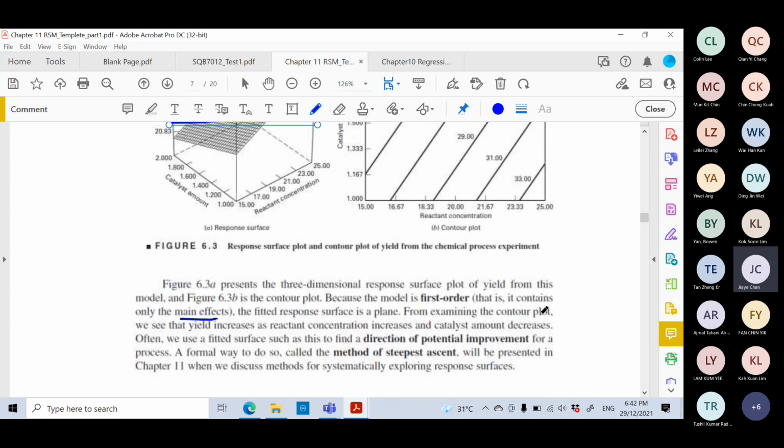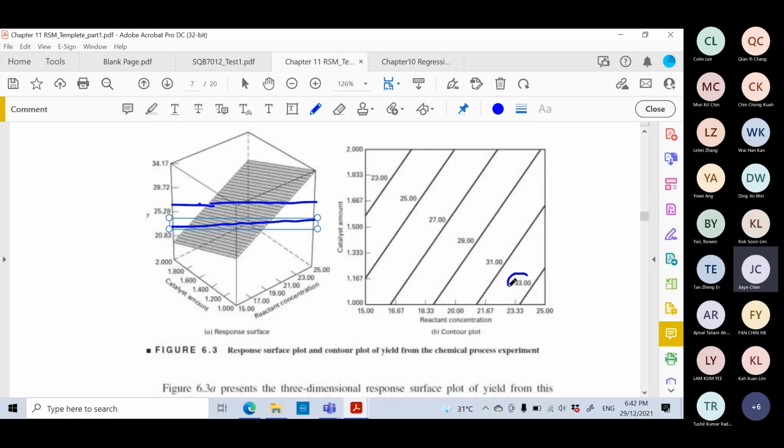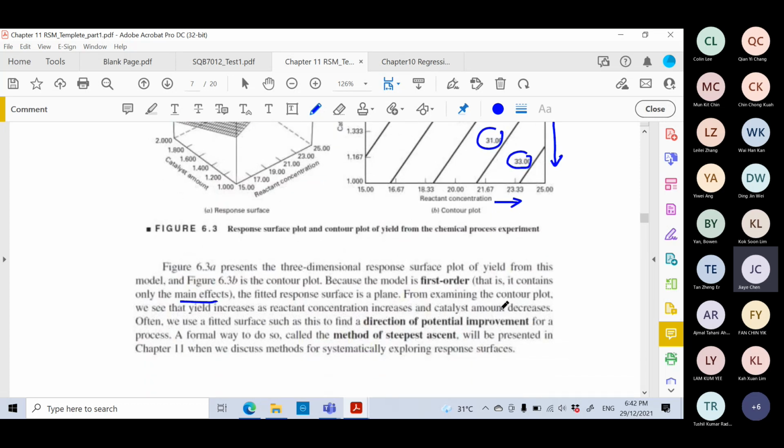Examining the contour plot, we see that the yield increases as the reactant concentration increases and the catalyst amount decreases. As I mentioned, this is your response Y. If you want a higher Y, you need to go in this direction, and here you need to have a smaller value.